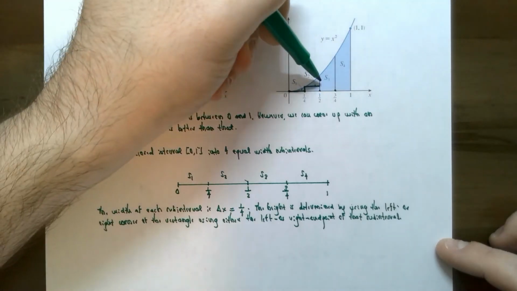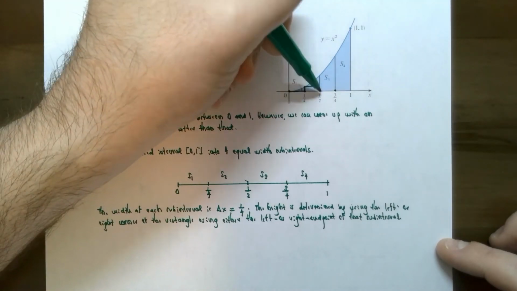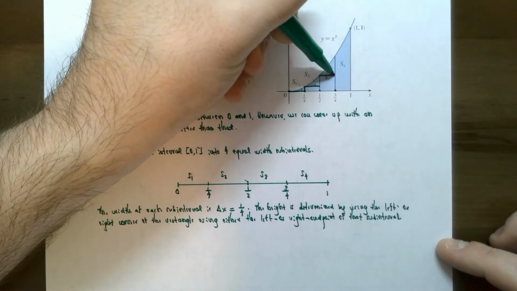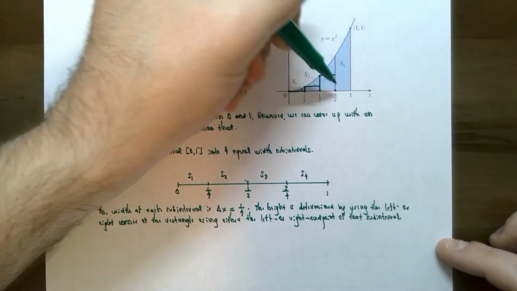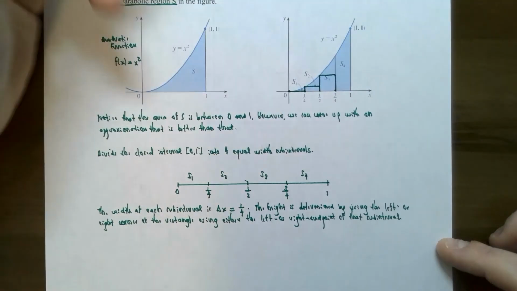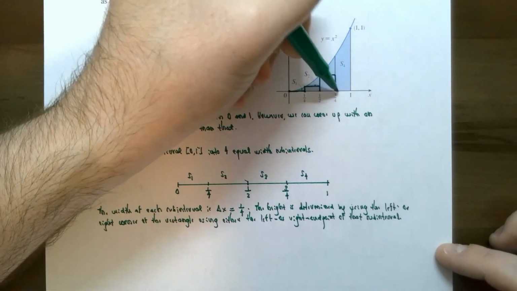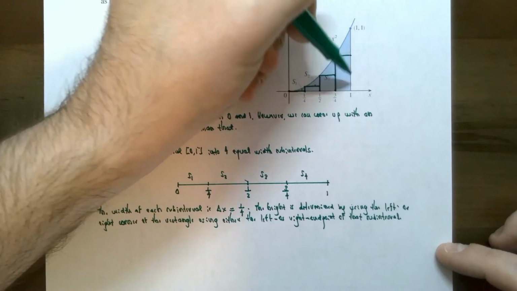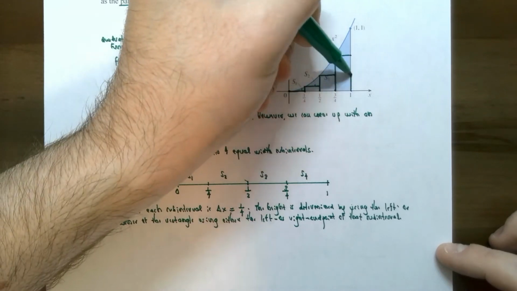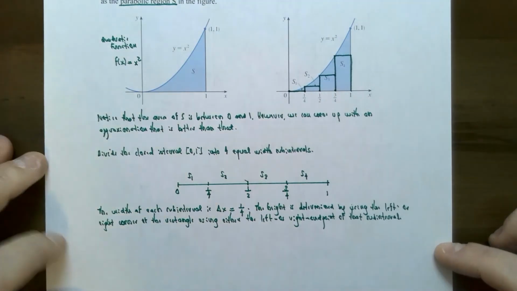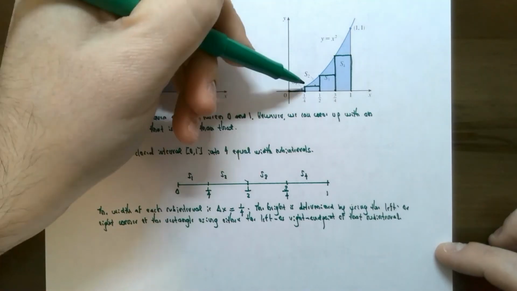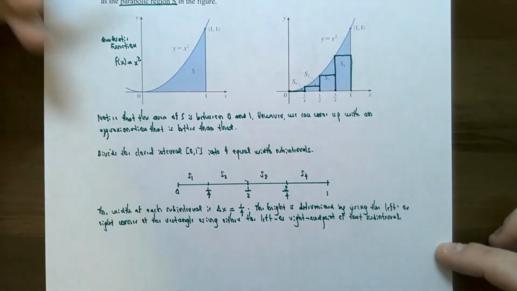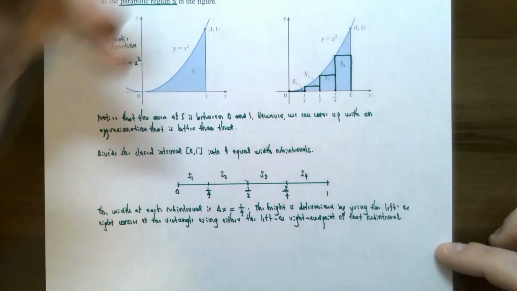The third rectangle would intersect at x equals 1/2, so there's the third rectangle. And then the fourth rectangle, same idea, it uses the left endpoint, which is 3/4, intersects the graph, and that's the height of the fourth rectangle. So notice that this would give you a lower estimate, or underestimate, to the actual area of the region S.